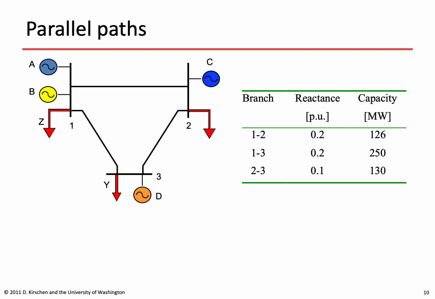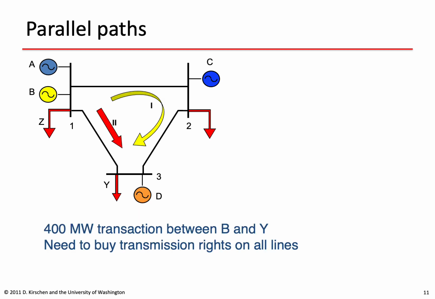Let's apply this to a small 3-bus system. The system is shown on the left of the slide, and the data about this system is given in the table on the right. For each branch, I give you the reactance of the branch and the capacity, or the maximum amount of megawatts that can flow in the branch. Let's suppose that a 400 megawatt transaction has been agreed between generator B and load Y. Generator B is located at bus 1 and load Y is connected at bus 3.